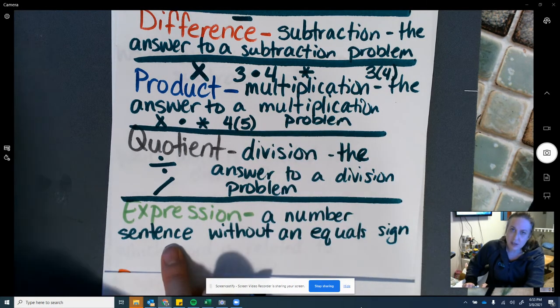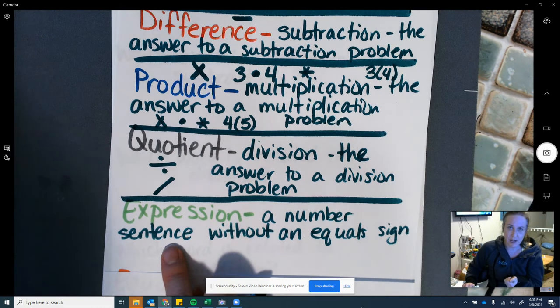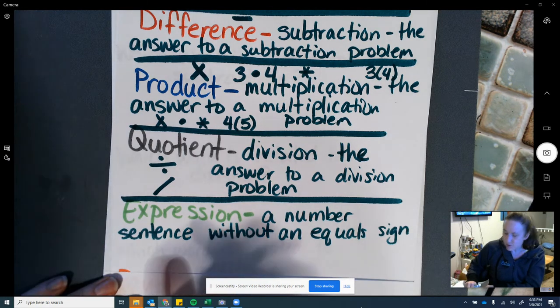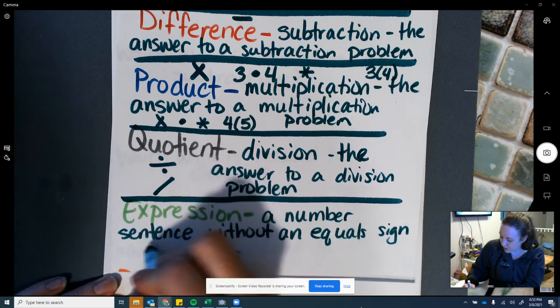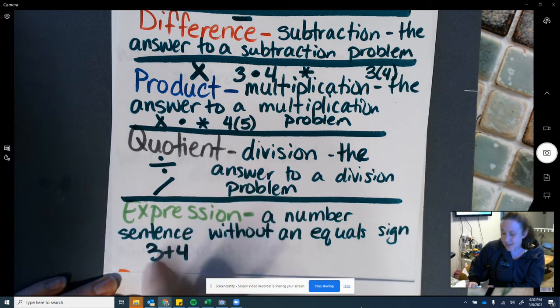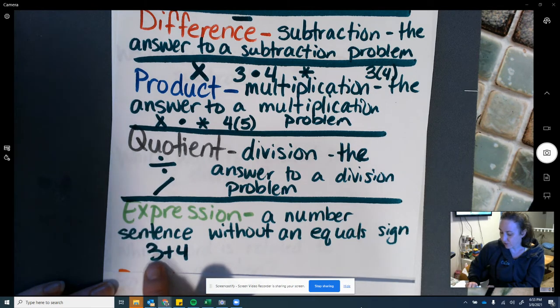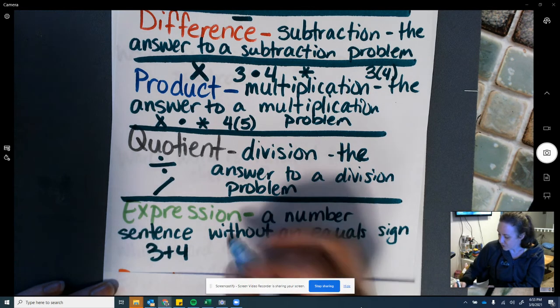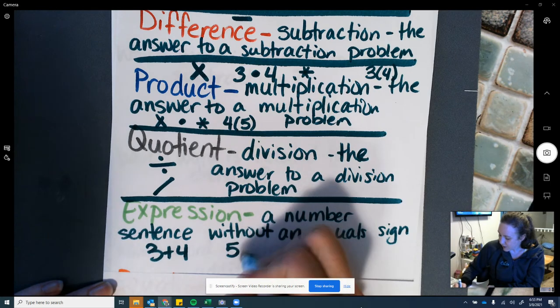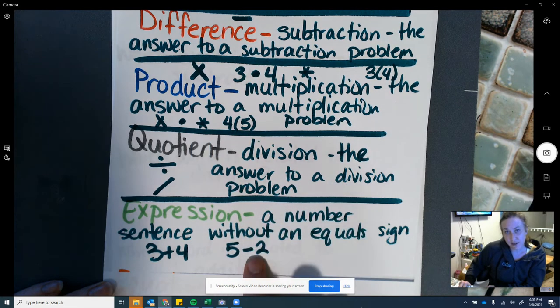So basically a number sentence is numbers, and then it tells what you do with those numbers. So it's the numbers, and then if you're adding them or subtracting them or multiplying them or dividing them. So an example of an expression would be 3 plus 4. It tells a story of what you're doing with those numbers. You're adding 3 and 4 together. Or it could be 5 minus 2, another expression.